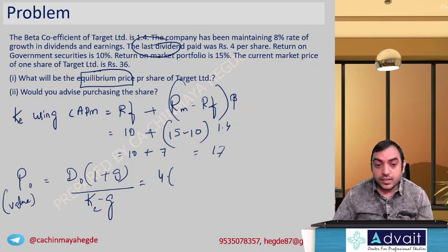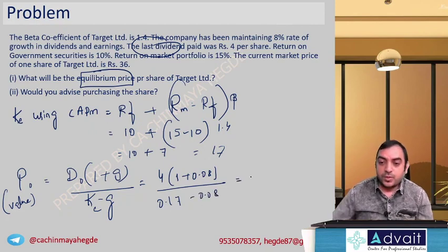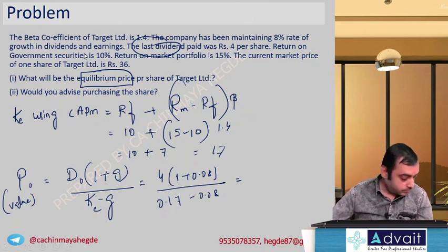Growth rate, earnings growth at 8%, 1 plus 0.08, divided by KE, we calculated 17%, 0.17 minus growth rate 0.08. So see how much you get.